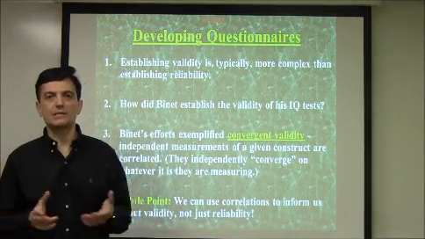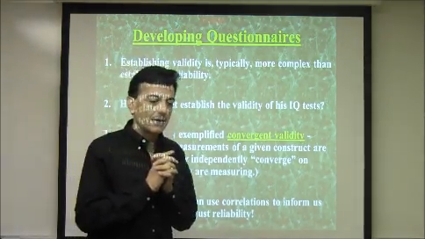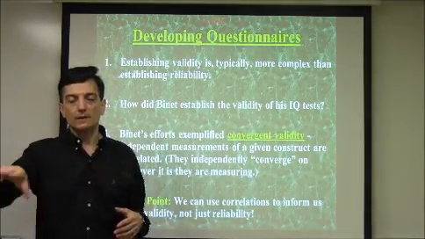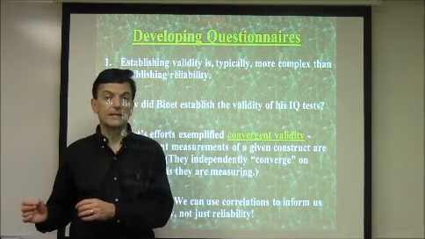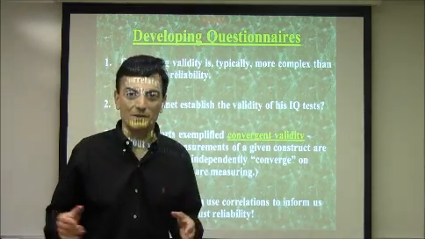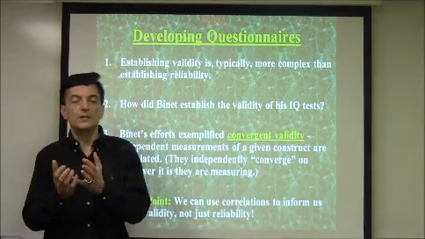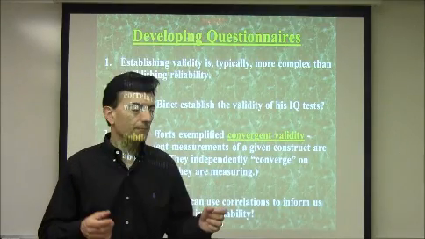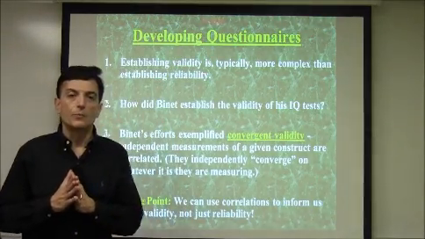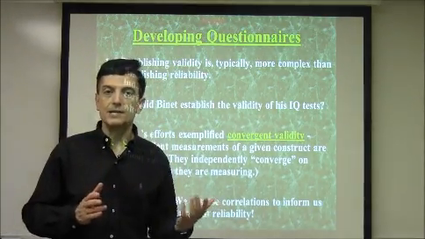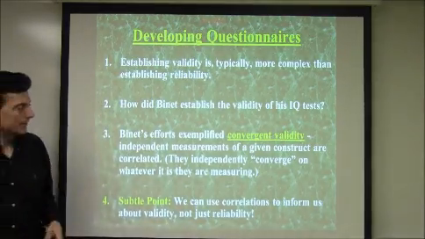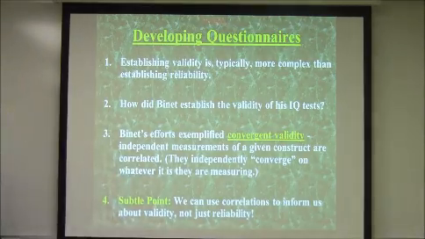So the way he begins to reason about this is, he says, well, if I were to get a rating from the various school teachers about who in their classroom learns really, really quickly and who learns less quickly, and maybe have the teachers rank order their students in terms of who learns the most quickly and who learns the most slowly, if my test is measuring what I think it's measuring, and that's the issue of validity, then we should have a nice convergence between my test and the teacher's rankings. Okay, so we would get convergent validity. Okay, let's see if we can draw a picture of that. I'll go out of here one more time.